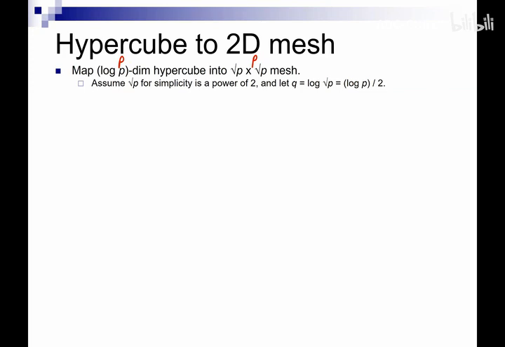For simplicity, we're going to assume that root p is a power of 2. Therefore, if you take the log of root p, you get an integer, and we're going to let q be equal to the log of root p. The log of root p is also equal to the log of p divided by 2.